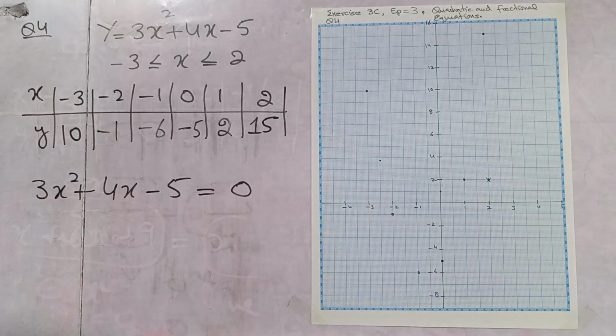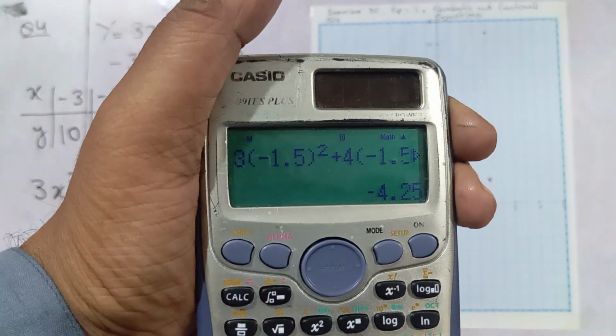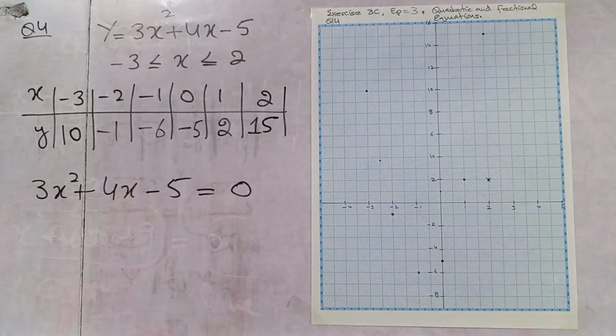Then I can take the point at -1.5. So it will be 3(-1.5)² + 4(-1.5) - 5, and that gives you -4.25.